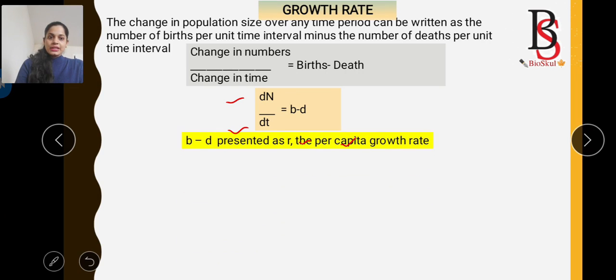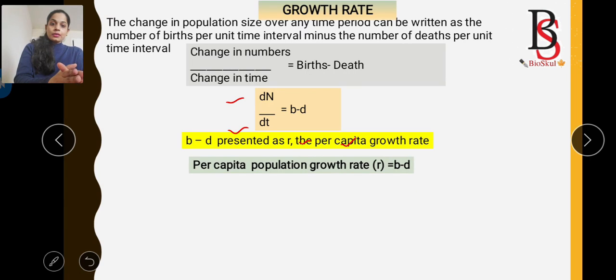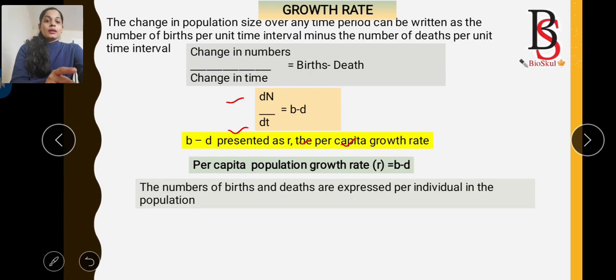B minus D is the per capita growth rate. Per capita population growth rate is represented by r. r equals B minus D. You have to remember the two terms. The per capita population growth rate is r equals B minus D. But the number of births and deaths are expressed per individual in the population.